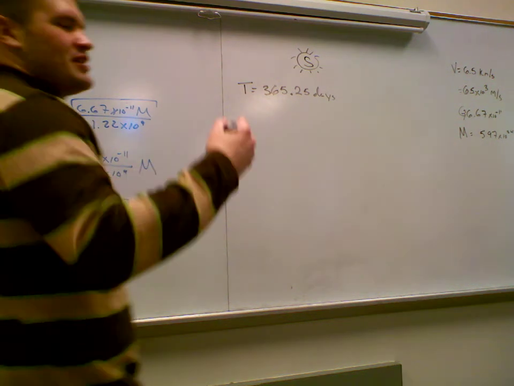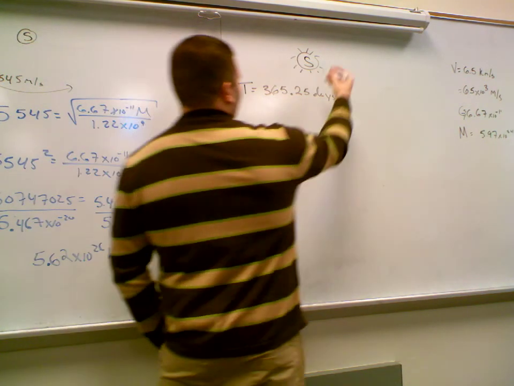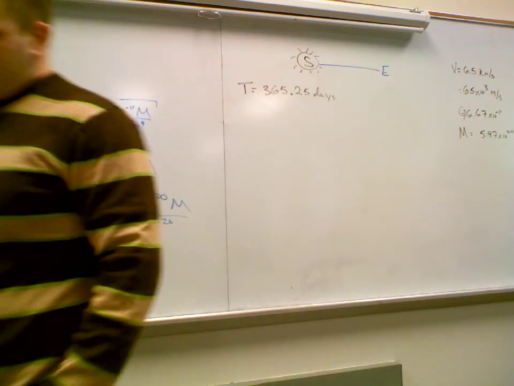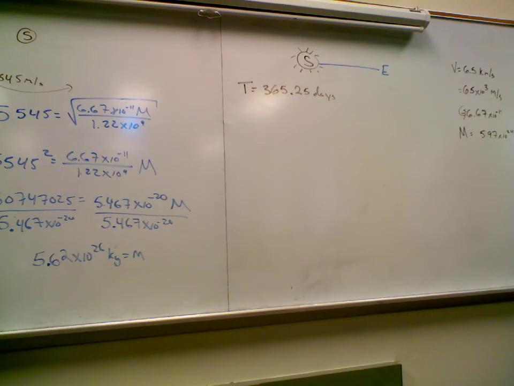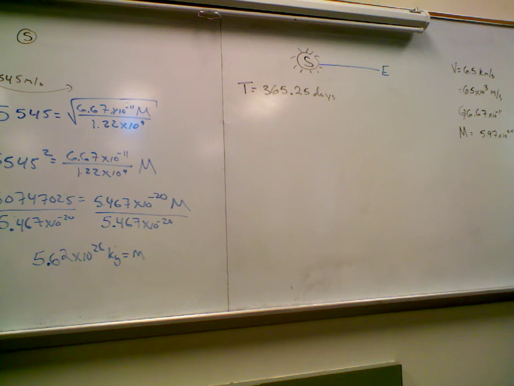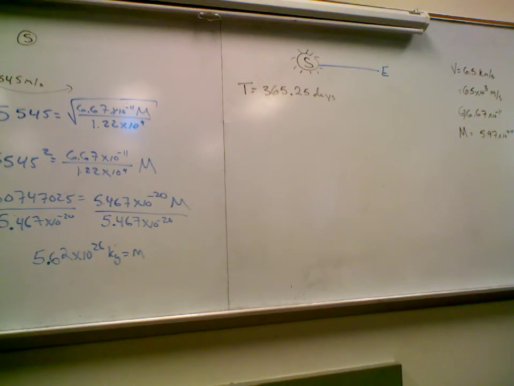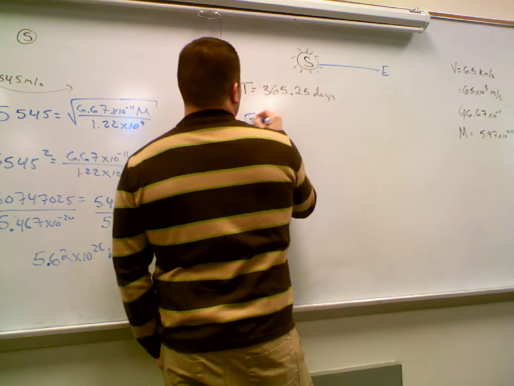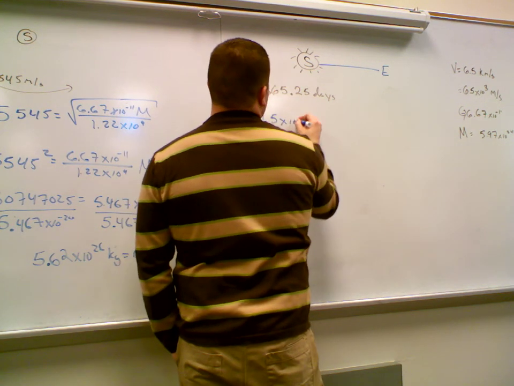So that way we can stay on track. How far is the Earth from the sun? 1.5 times 10 to the 11. Good. Radius equals 1.5 times 10 to the 11th meters.